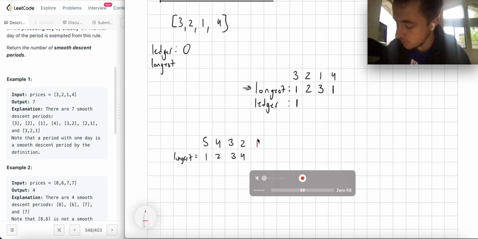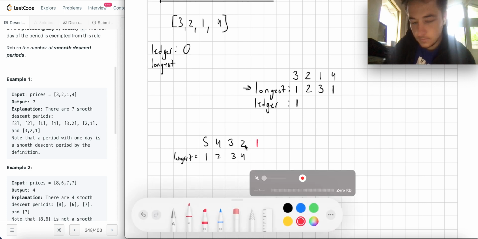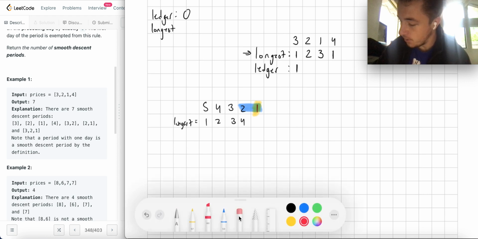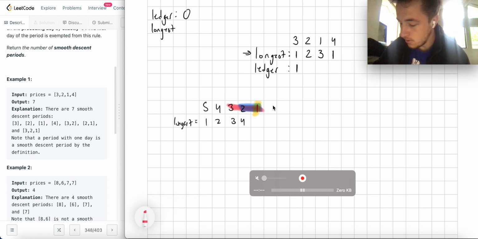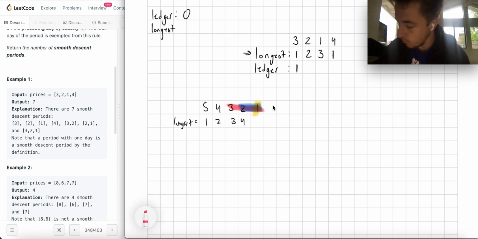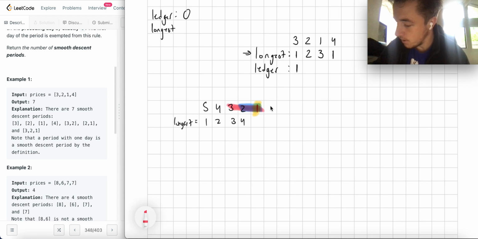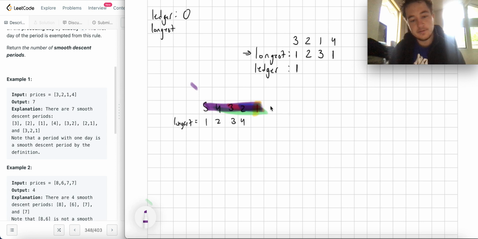Well, there's a smooth descent period which is just the 1 itself. There's a smooth descent period where the 2 and the 1 connect. There's a smooth descent period where 3, 2, and 1 connect. There's one where 4, 3, 2, 1 connect, starting here. And there's an additional smooth descent period where 5, 4, 3, 2, and 1 connect.